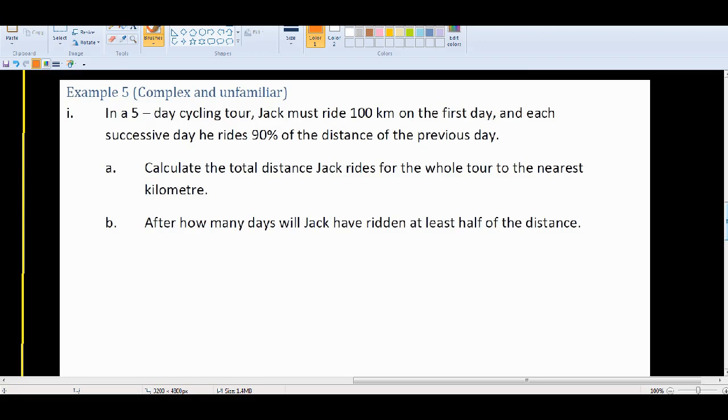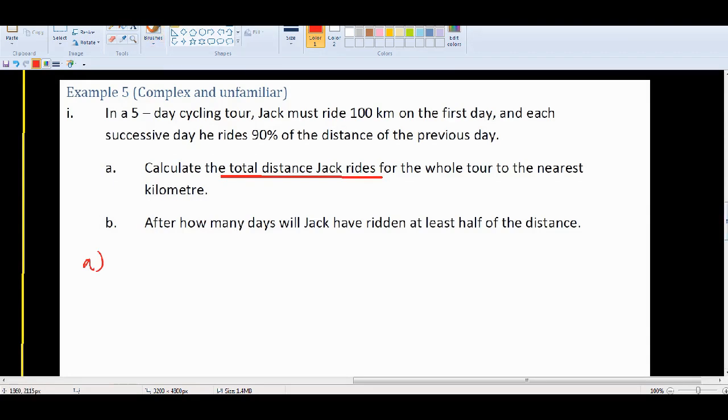That sounds like a geometric sequence, right? 100 km first day, 100 times 90% second day, and 100 times 90%, another 90% the third day. Calculate the total distance Jack rides for the whole tour. Okay, so let's see.